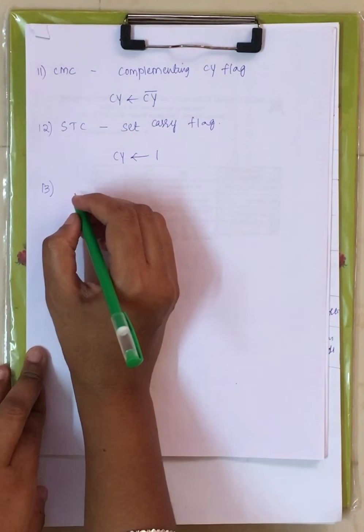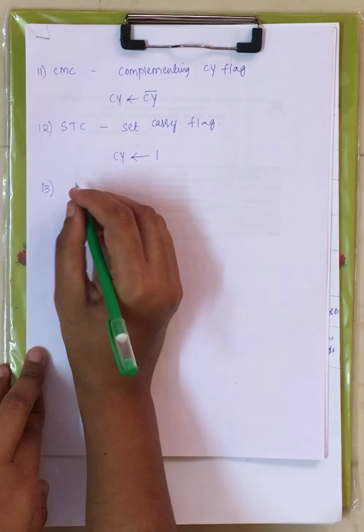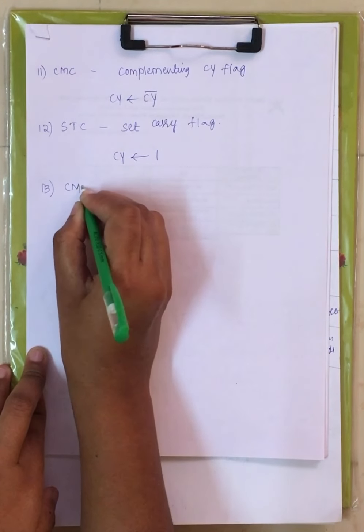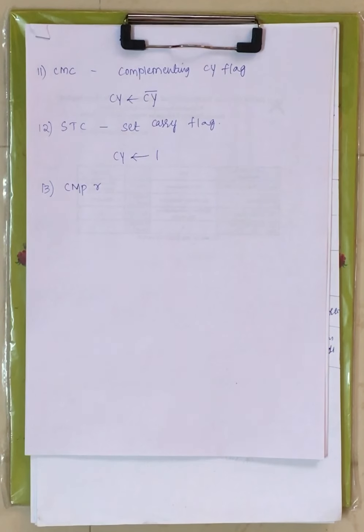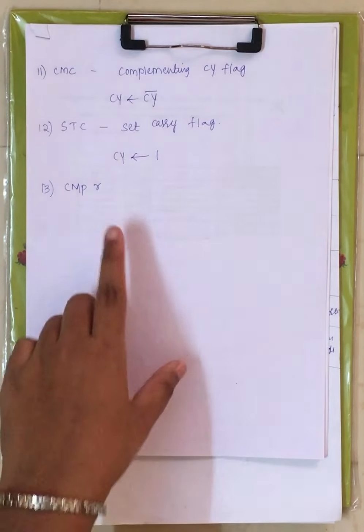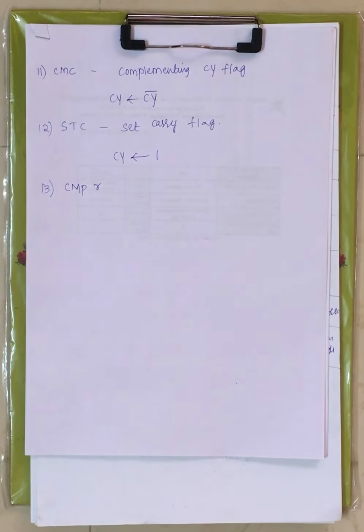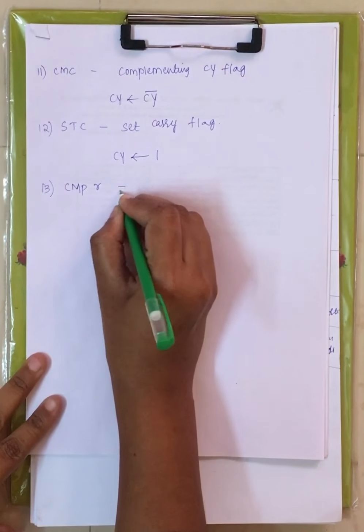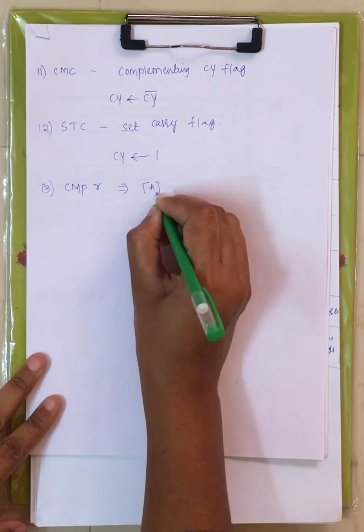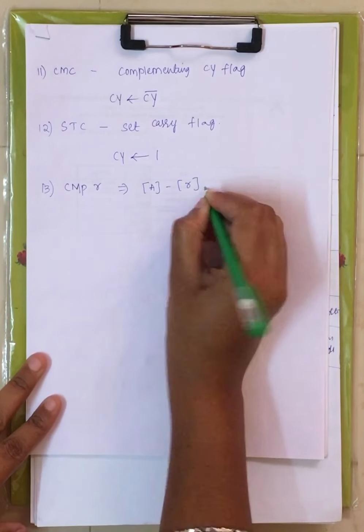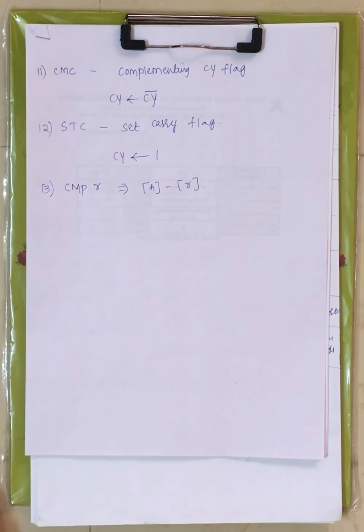Now coming to the 13th instruction, CMPR. This compares the contents of the accumulator with the contents of register R. It will compare by the operation of subtracting A minus R. When you are comparing two things, you will get three results.